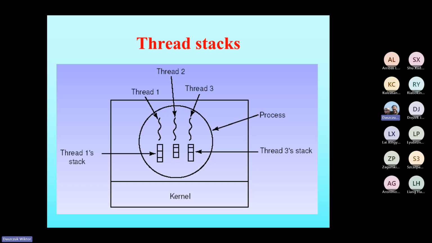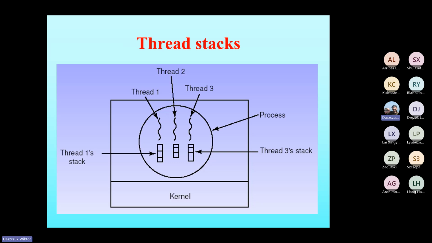This picture is from Tanenbaum. I don't like this picture very much, but maybe if I have time, I will prepare a better one. Those worms are some imagination of threads that are running. That's why they are curves. Every thread has a stack. Why is it split into pieces?